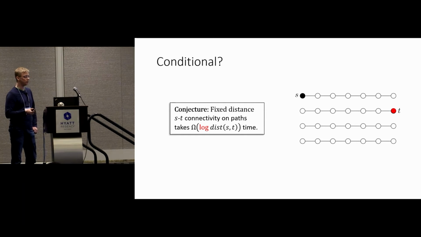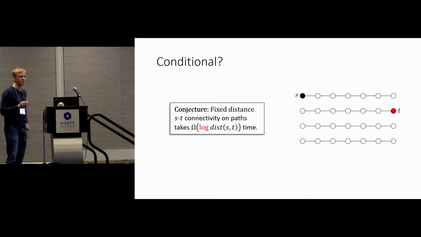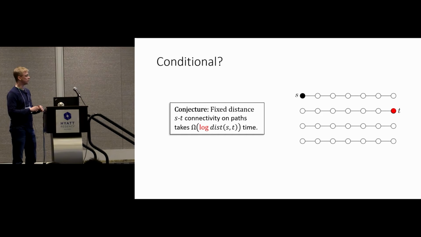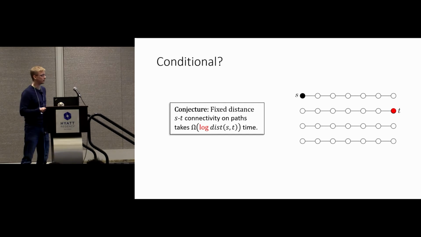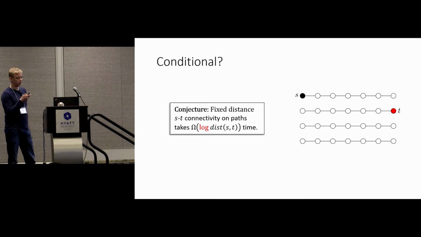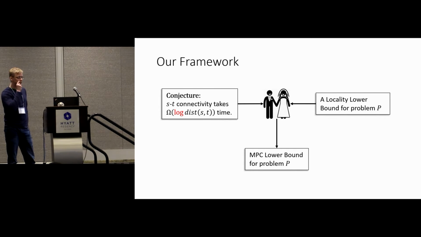And how does this problem look like? Well, essentially, your input is a set of paths, and all the lengths of the paths are fixed. So we can decide what is the length of every such path. And here, now you ask, are these nodes S and T on the same path or not? And if you can answer this question, you can also solve the two-cycle conjecture. So basically, we can focus on this problem instead of the less nice one for our hardness proofs. Okay, good. And that was about that.